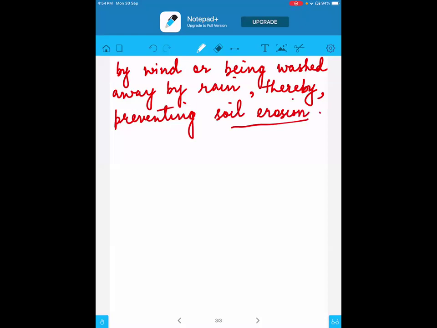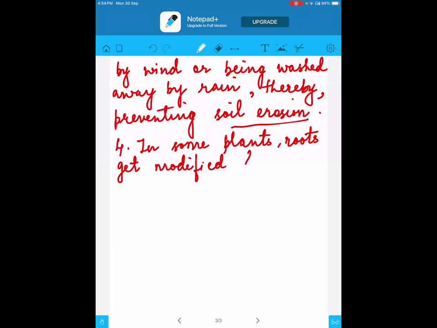And the last point is the modification of roots. In some plants, the roots get modified to store food.